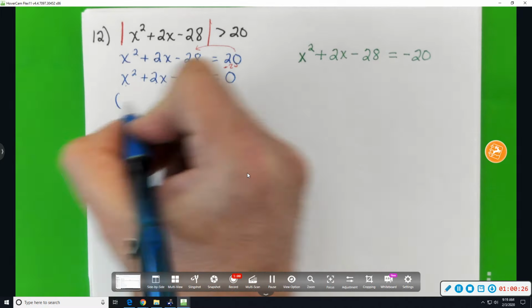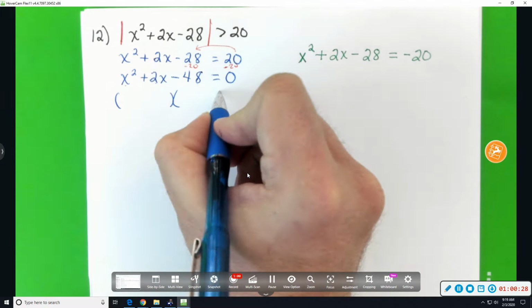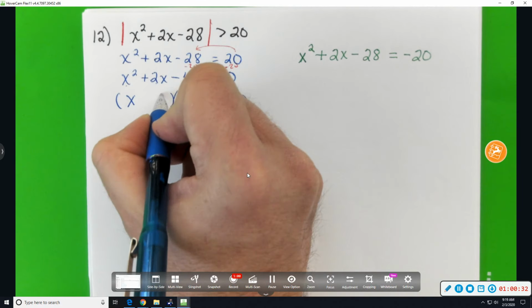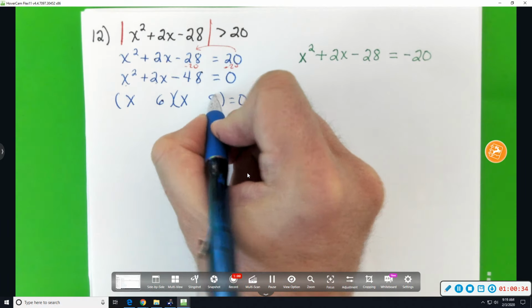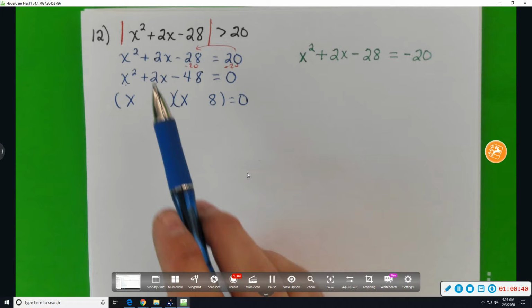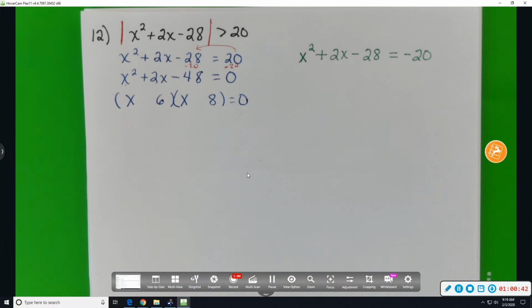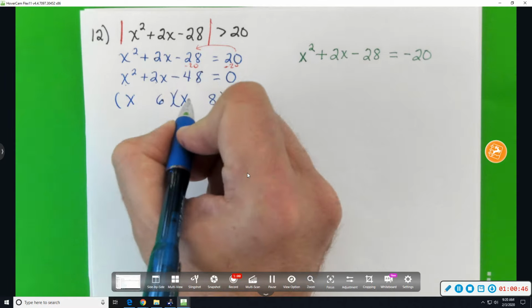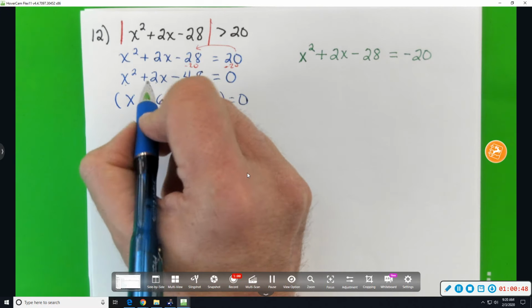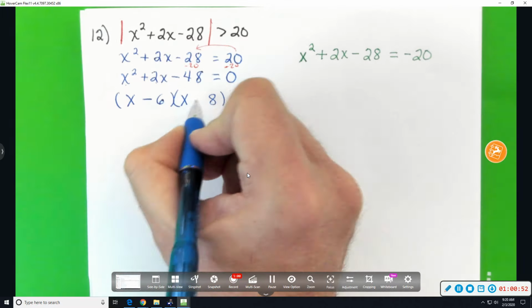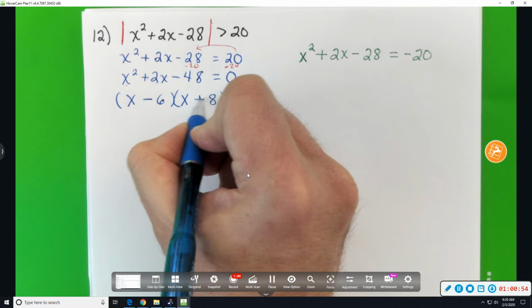So let me factor it. X and X. 6 and 8. How should I arrange my plus and minus signs to get a positive 2x? I'm thinking that negative on the 6 and plus on the 8.